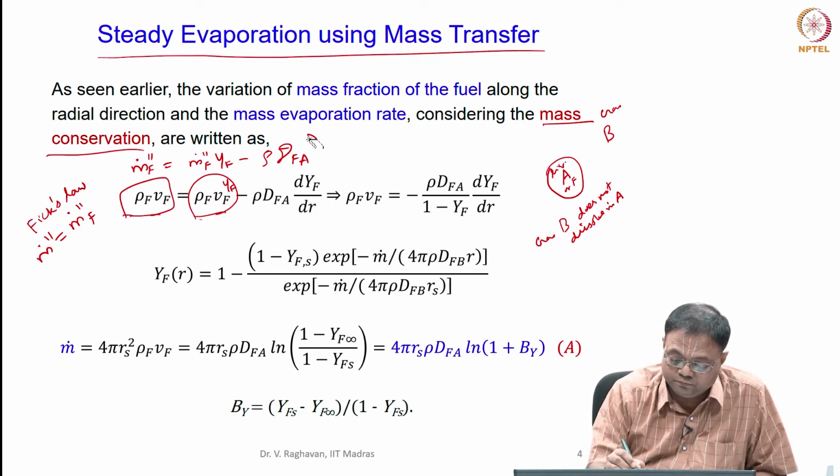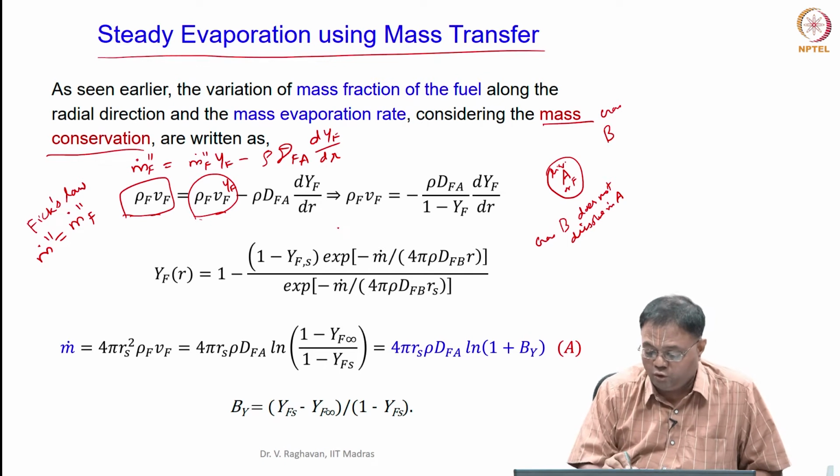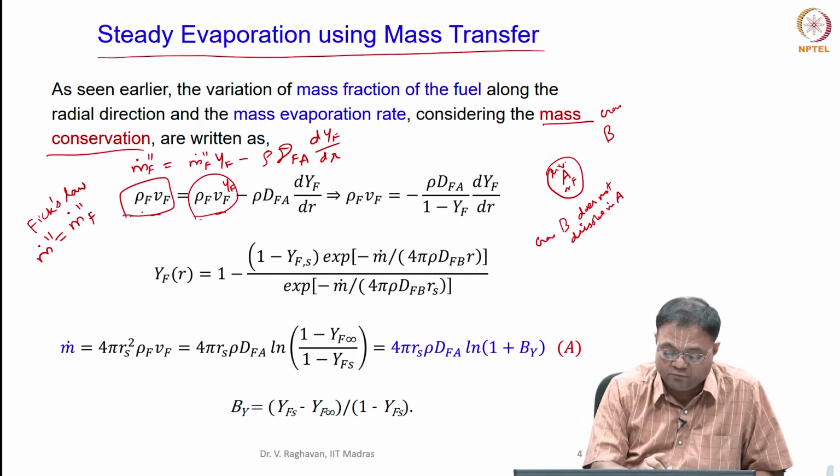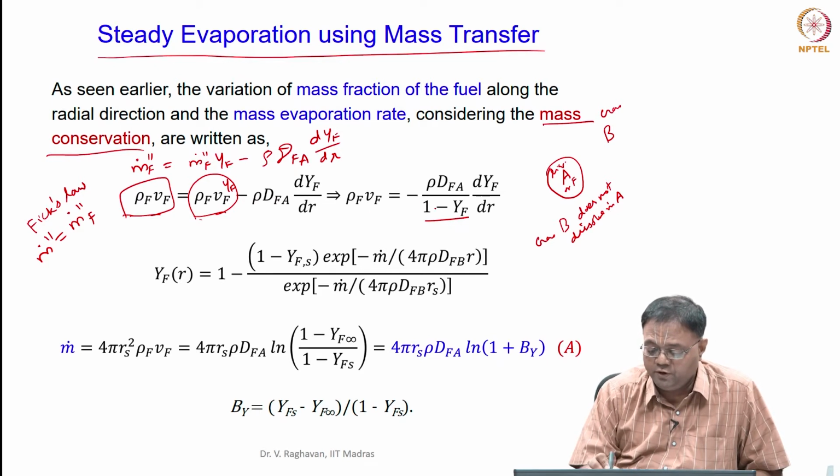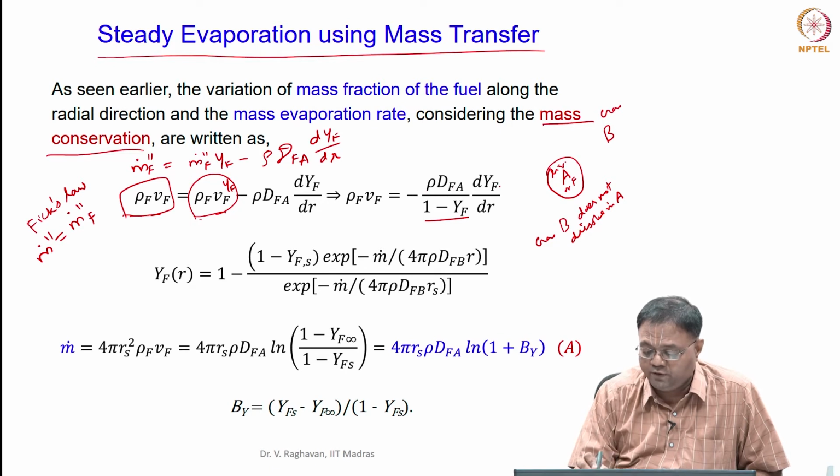dYF in the radial coordinate, only the ordinary derivative is used. So, using this we can bring this to the left side: rho F VF into 1 minus YF will be equal to minus rho DFA and the gradient.